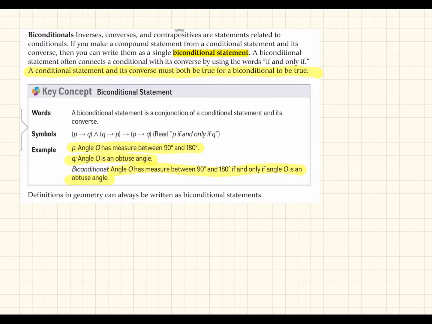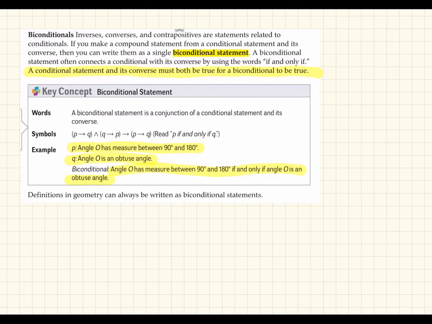From a biconditional standpoint, we join the two statements together. Angle O has a measure between 90 and 180 degrees, obviously not inclusive, so greater than 90 degrees and less than 180 degrees, if and only if angle O is an obtuse angle. That's our biconditional statement.